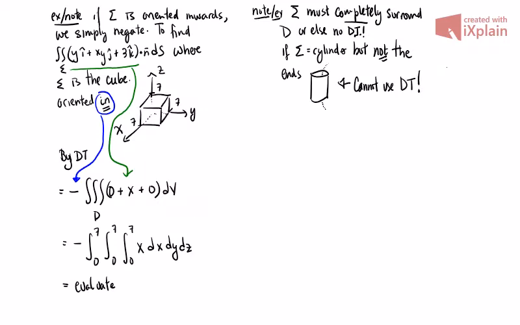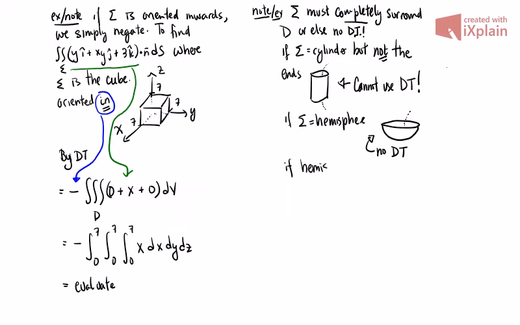So it has to be capped off at both ends, or like if sigma were a hemisphere. So think like a punch bowl, but you can go inside it. It doesn't have a lid on top, then no divergence theorem. If it had a lid, yes.